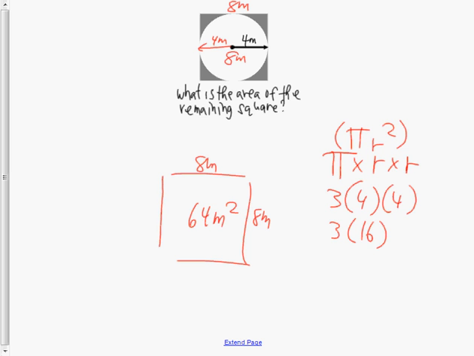And 3 multiplied by 16 is 48 meters squared. So the area of that circle would be 48 meters squared. And therefore, the square, side squared, take away the circle, would be what's left over. Or 64 take away 48 means the remaining area is 16 square meters is the remaining square area.